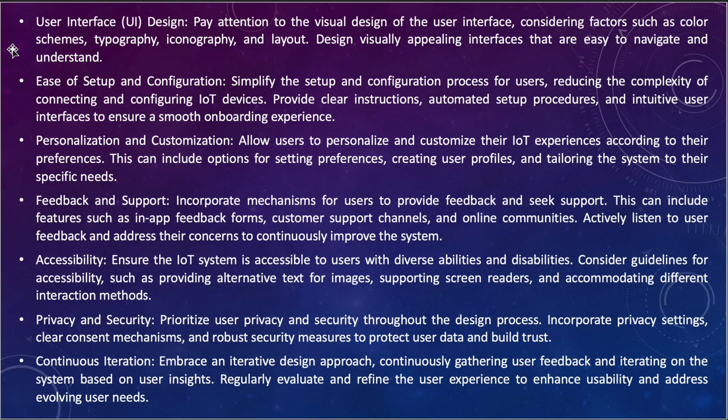Accessibility: ensure the IoT system is accessible to users with diverse abilities and disabilities. Consider guidelines for accessibility, such as providing alternative text for images, supporting screen readers, and accommodating different interaction methods.